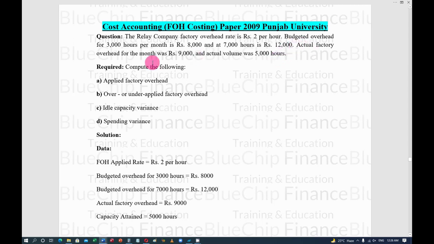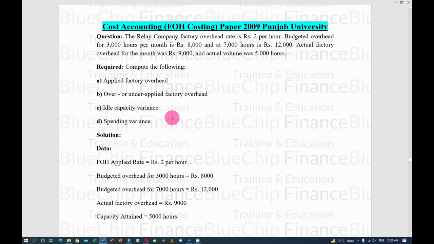Actual factory overhead for the month was rupees 9,000, and actual volume, or capacity attained, is 5,000 hours. Compute the following four requirements: first, applied factory overhead; second, over or under applied factory overhead; third, capacity variance; and fourth, spending variance.